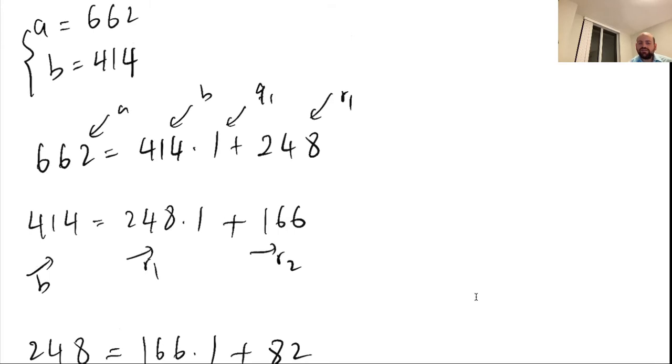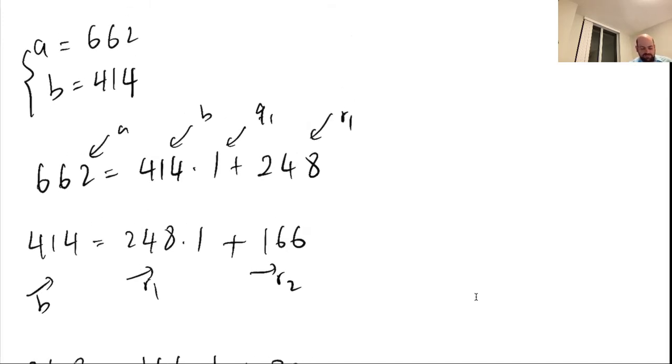So the idea here is to make the numbers smaller and smaller in each step until one number is a multiple of the other one. I have two numbers, 662 and 414. They were big numbers. But once I do a long division, I reduce the original GCD to 414 and 248.